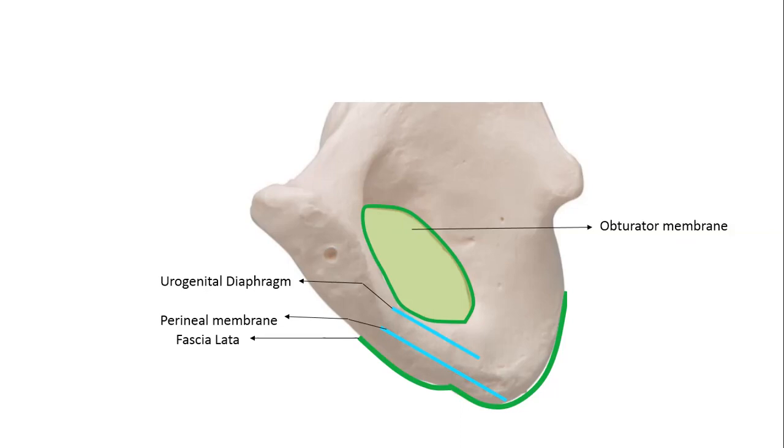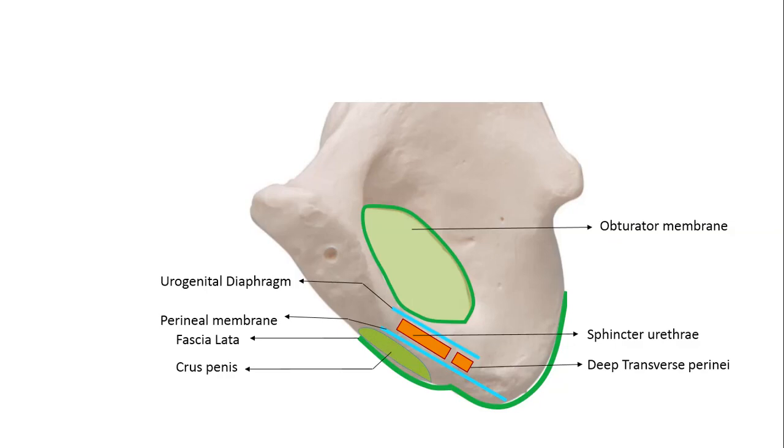The upper part gives origin to obturator internus, as I have discussed, and the middle part gives origin to sphincter urethrae and deep transverse perineal muscle, and at the lower part there is attachment of crus penis and ischiocavernosus muscle, and lastly superficial transverse perineal muscles. So these are the attachments on the inner aspect of the ischiopubic rami.